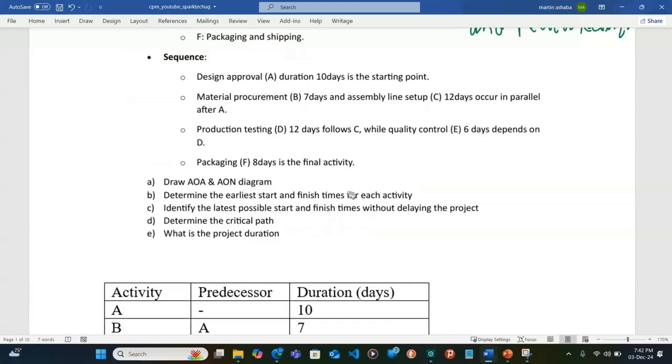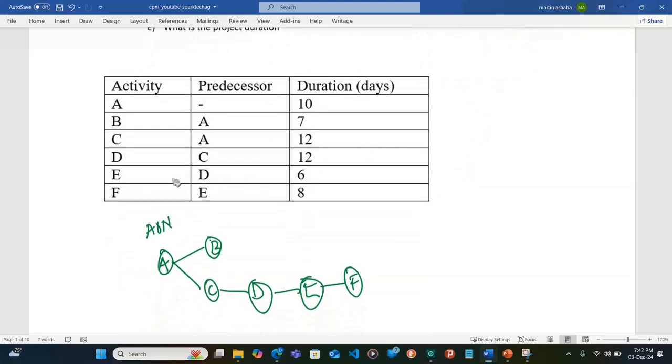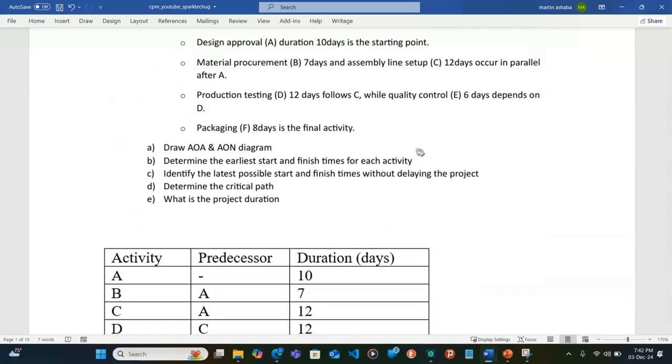Of course, this was never told to us, but we are told that quality control E depends on D, meaning the predecessor for E is D. And the final activity is F. So from E, we are going to F. That's what we are going to do.